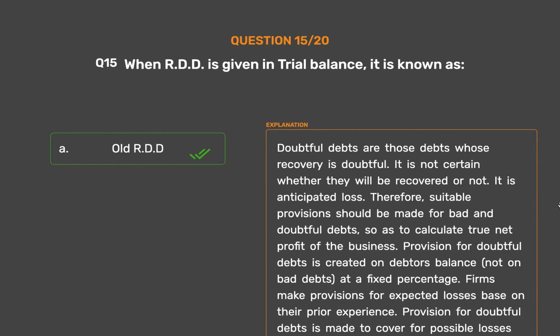Firms make provisions for expected losses based on their prior experience. Provision for doubtful debts is made to cover for possible losses from debtors going bad. If RDD already exists in the trial balance, then the same is credited to profit and loss account since this is the old RDD and needs to be reversed.